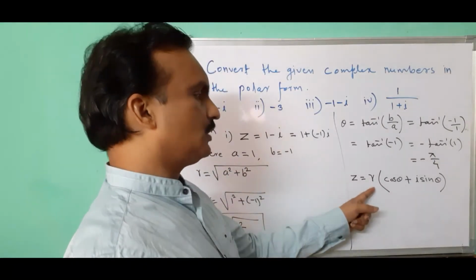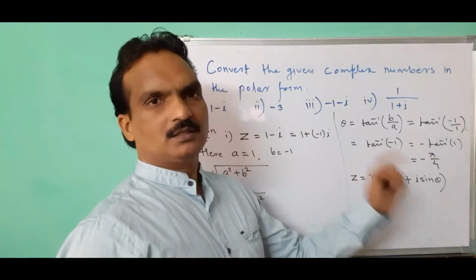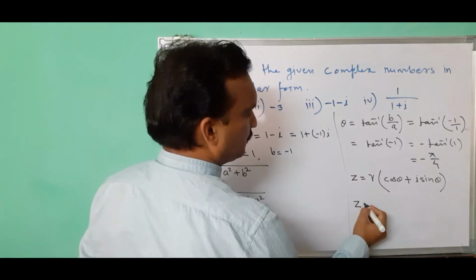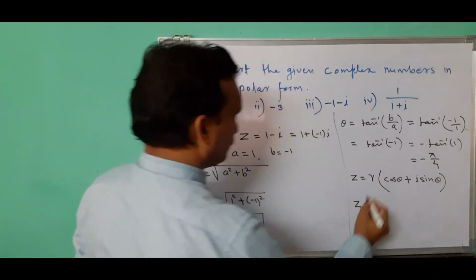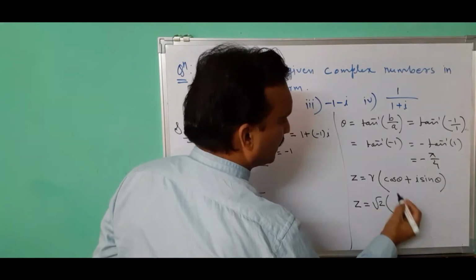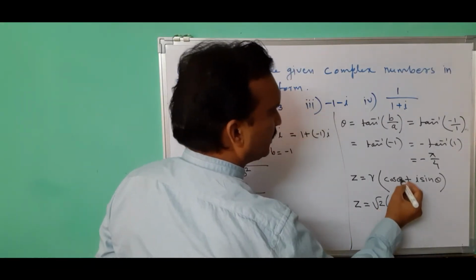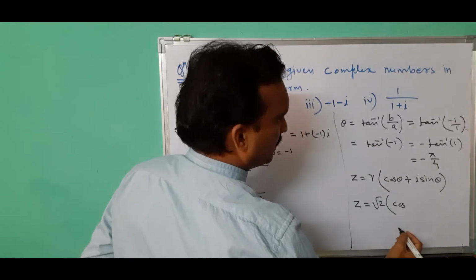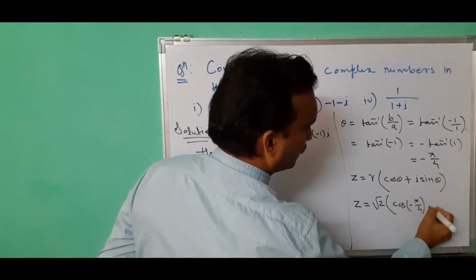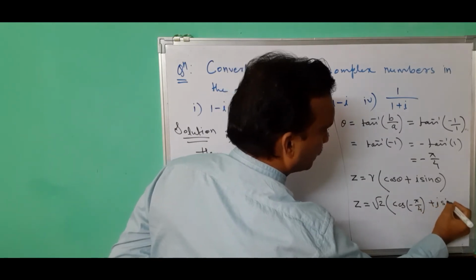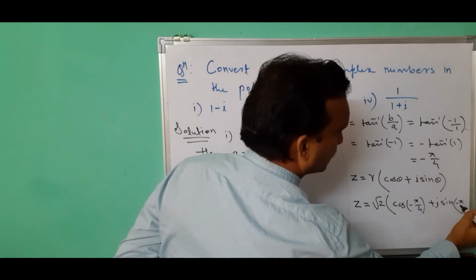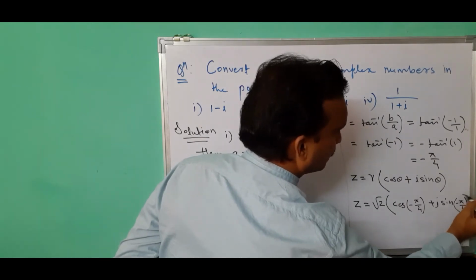So here z is equal to, the value of r is root 2, in the bracket cos of theta, the value of theta is minus pi upon 4, plus i sin theta, where theta is minus pi upon 4.